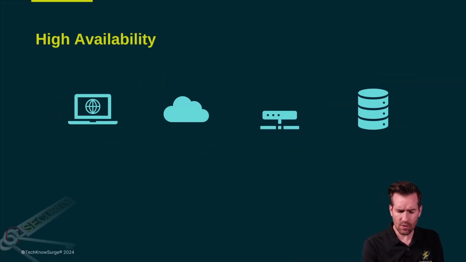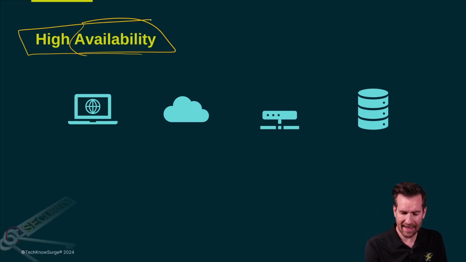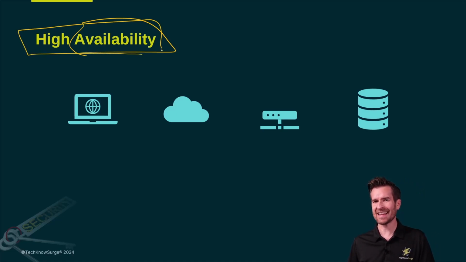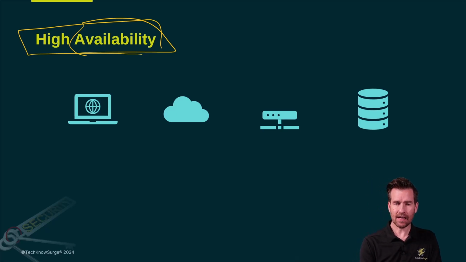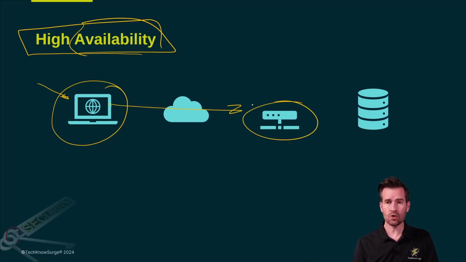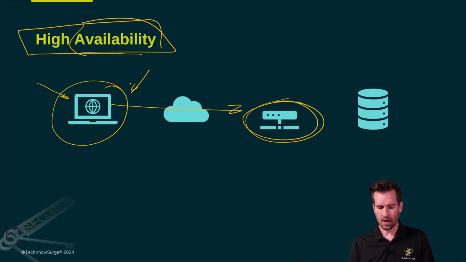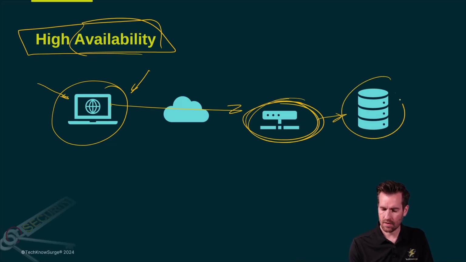So when it comes to availability, really what we're looking for is high availability. Well, what is high availability? Let's talk about it from a user's perspective. A user gets access to your system. Let's say you host some sort of application through the web to your users. So your users get online, onto your system through the internet, and then you have a backend database to this right here.